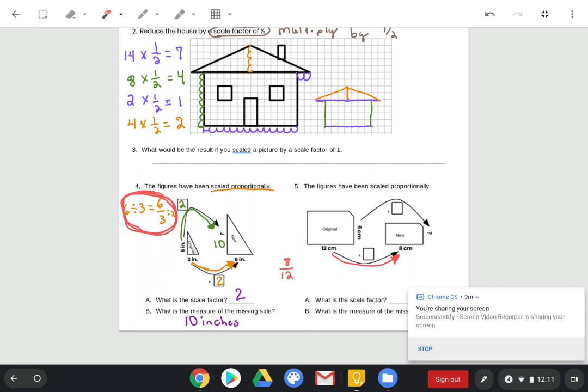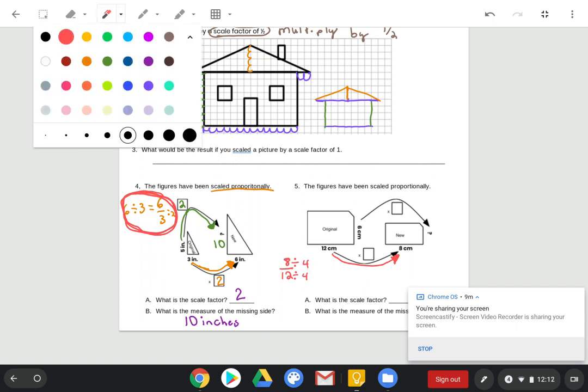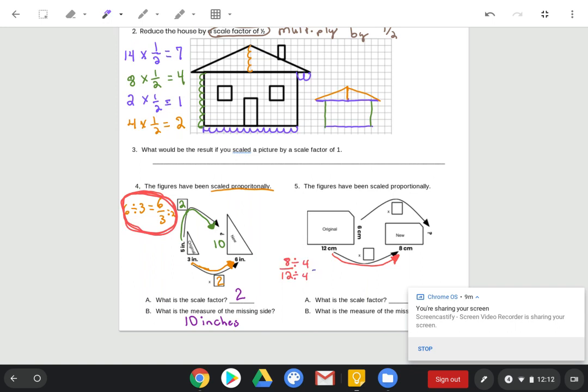Now, if you look at that 8 divided by 12, guys, as a fraction, we can simplify that. We can divide on top and bottom by 4. And 8 divided by 4 is 2. And 12 divided by 4 is 3.